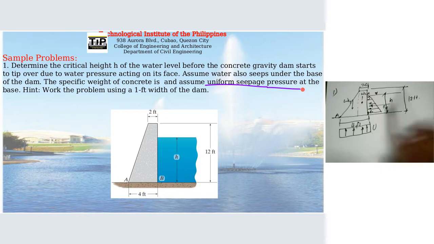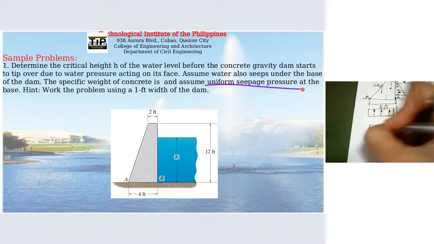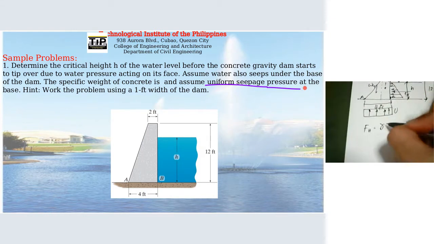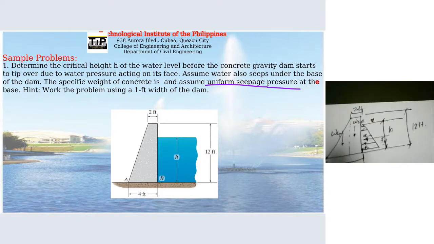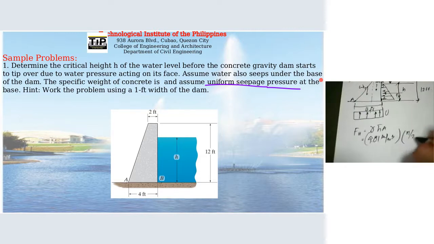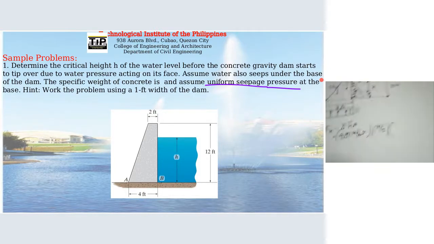So we have F sub H. To solve for F sub H, this is equal to gamma H bar times A. So unit weight of water is 9.81. Then we have H bar. So H bar is half of this H. So therefore we have H over 2. And then we have the area. So the height is H. So that's the unknown.